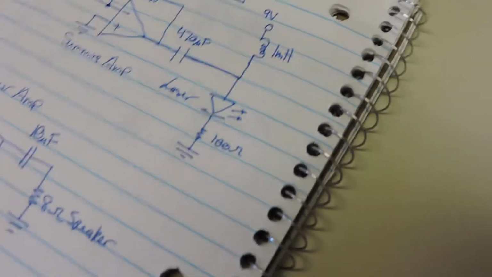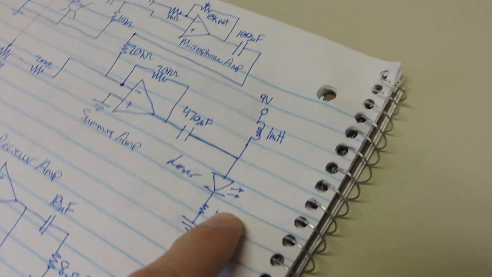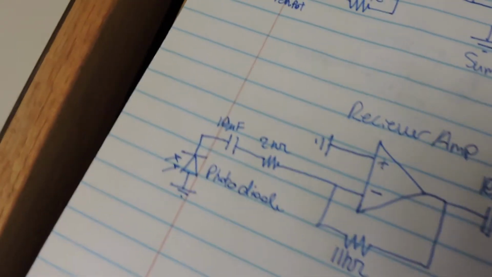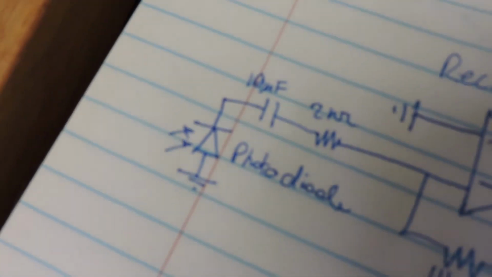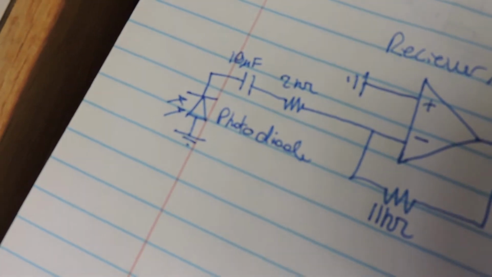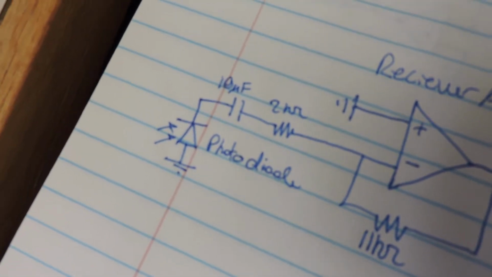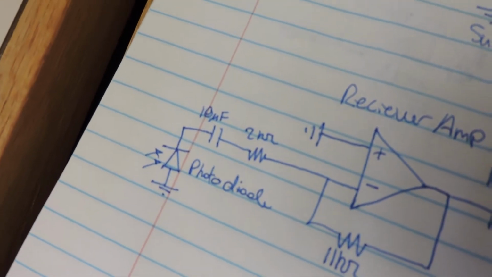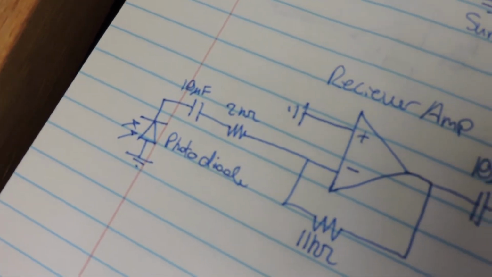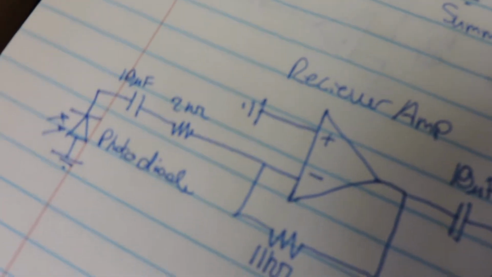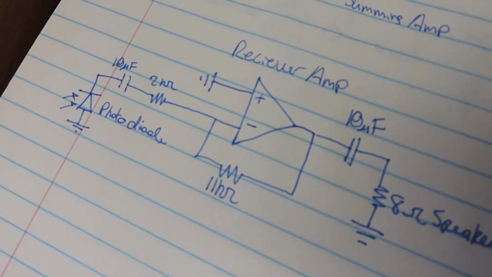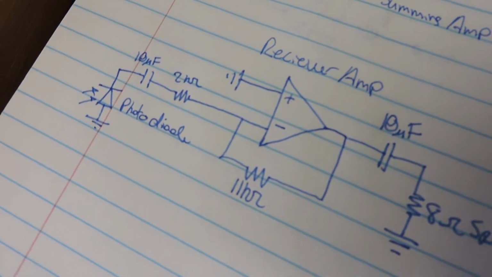Alright, so after the signal gets transmitted, it gets picked up by the receiver circuit. The receiver circuit starts with the photodiode, which takes the signal from the laser. Then that gets coupled through a 10 microfarad capacitor to block the DC current, and then it goes straight into another inverting amplifier.